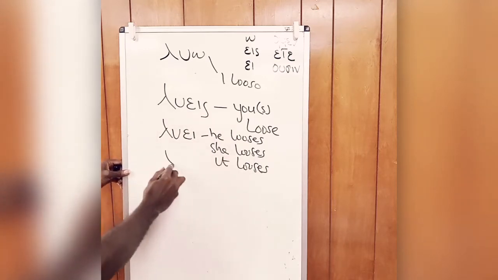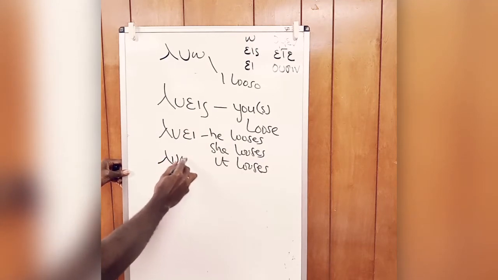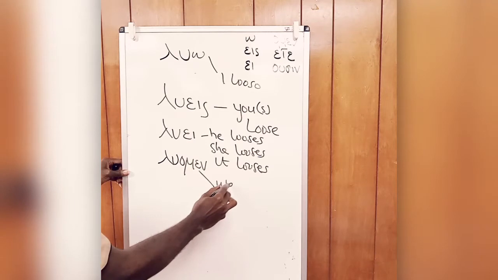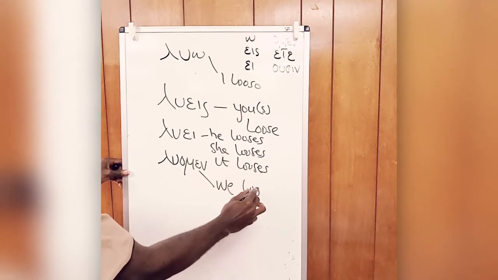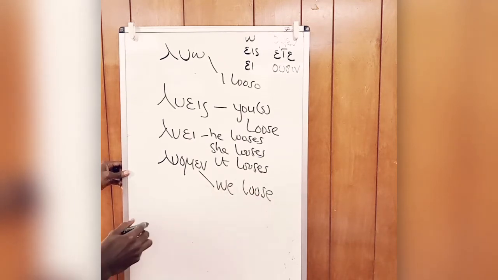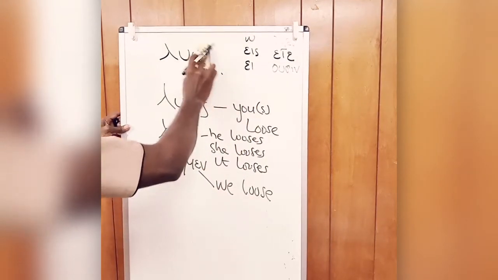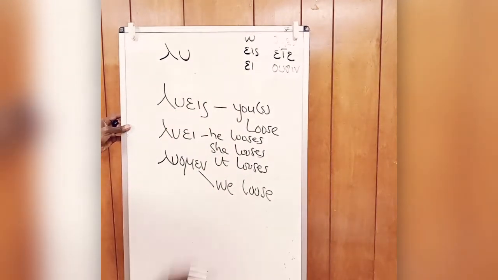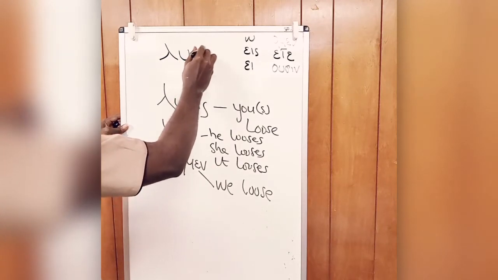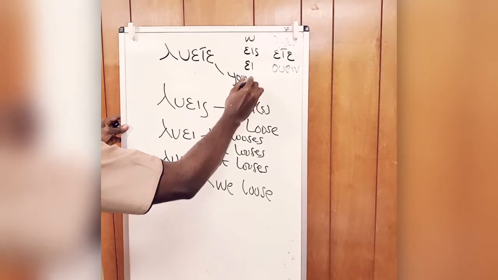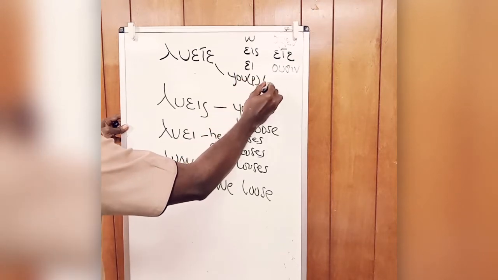Now, if you go to the first person plural, luomen, it means we lose. Then, if it becomes second person plural, luete, it means you plural lose.